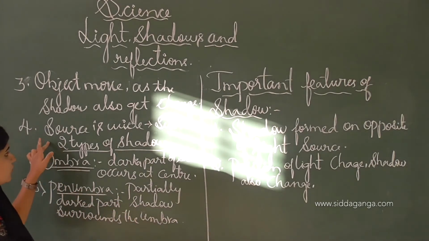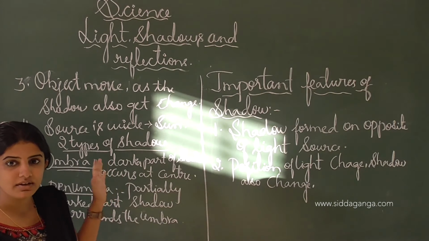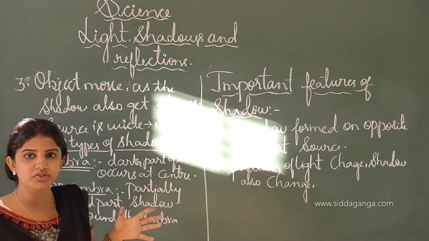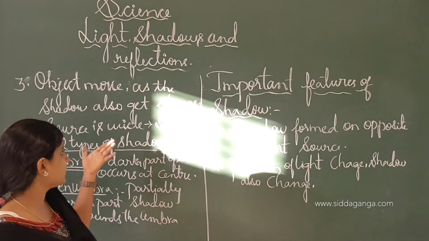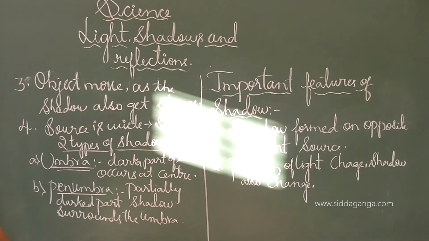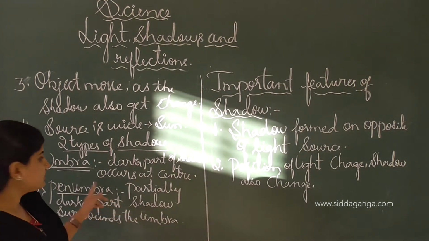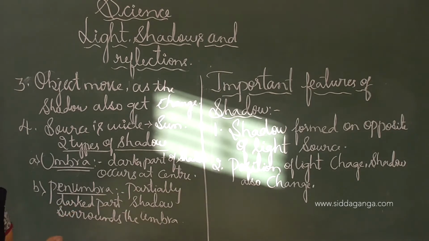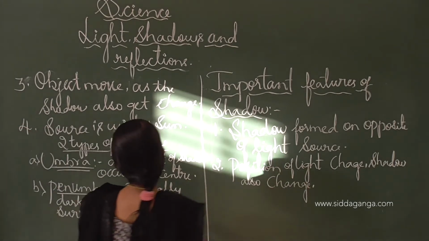And the next one is the source. If the source is wide, such as the sun, and the sun rays fall on a particular object, its size rises, that is a wider portion. In such a condition, two types of shadow are formed: one is the umbra stage, and the other is the penumbra stage. See here, the umbra stage is the region where total darkness will be formed.